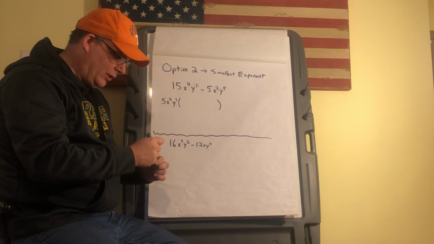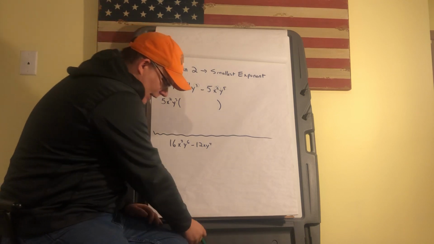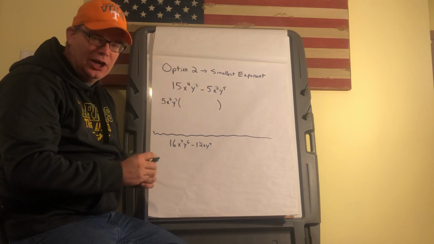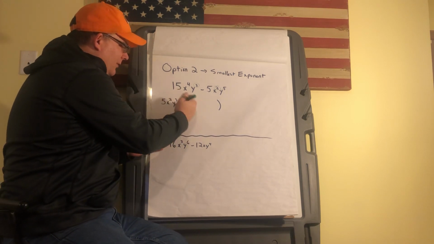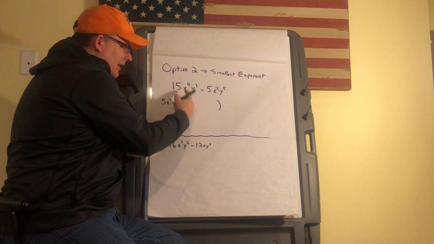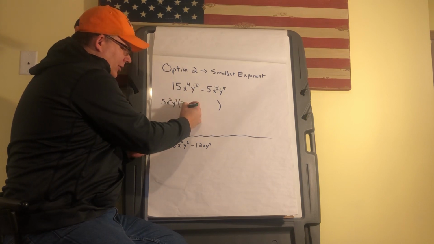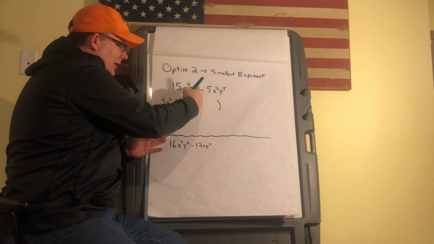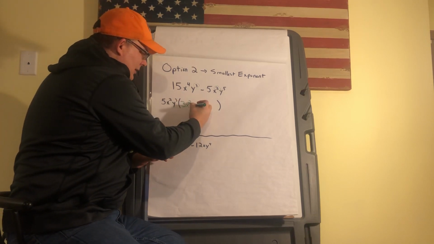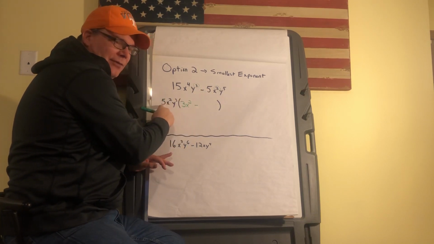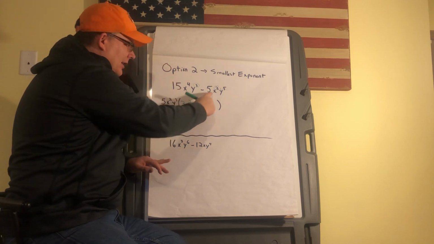So now we have to use the idea of adding and subtracting the exponents. So 15 divided by 5 is 3. 4 minus 2 is 2. 3 minus 3 is 0, so there are no y's. Minus 5 divided by 5 is 1, so we don't have to write that.